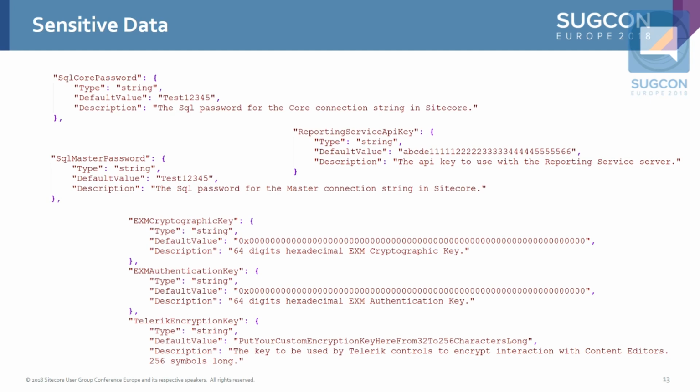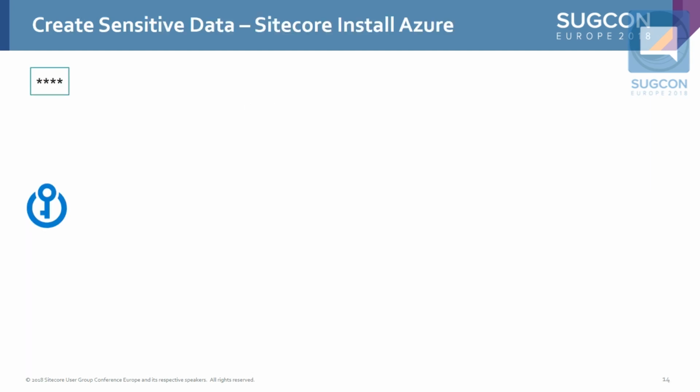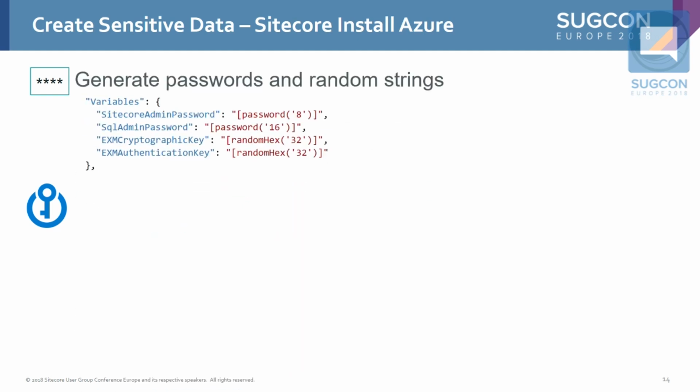So to fix this, we have the following functionalities. We create two config functions, right? Because only config functions in SIF can return some value. So we create two config functions: one to generate the password and one to generate a random hex string for xDB. When generating the password, you can pass the number of characters you would like to use.